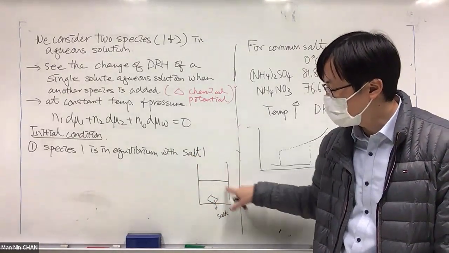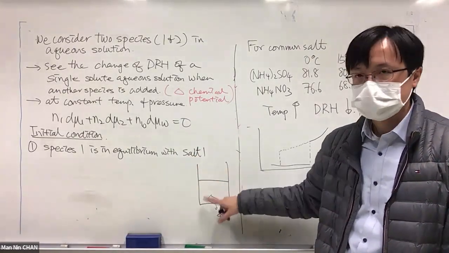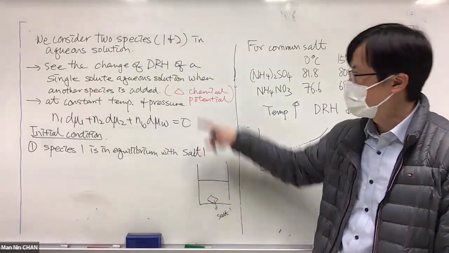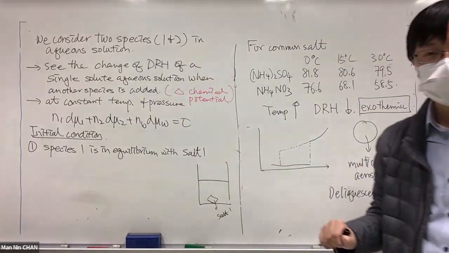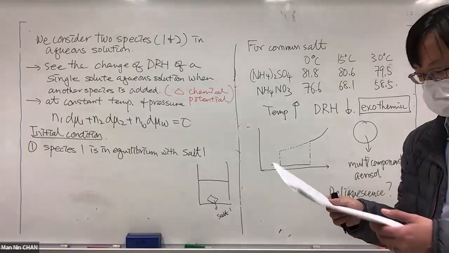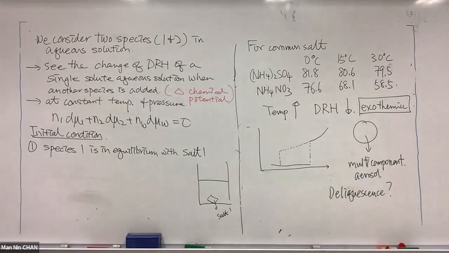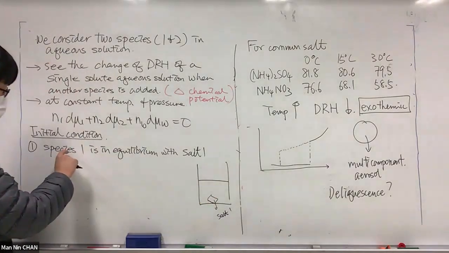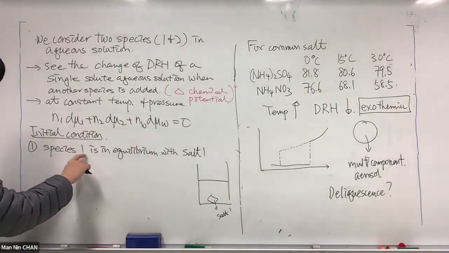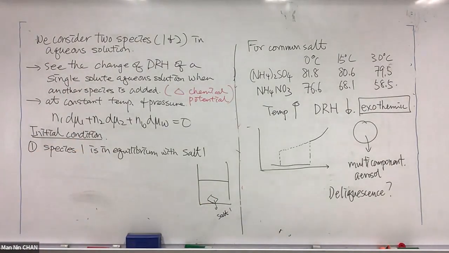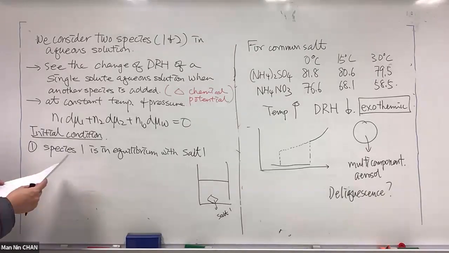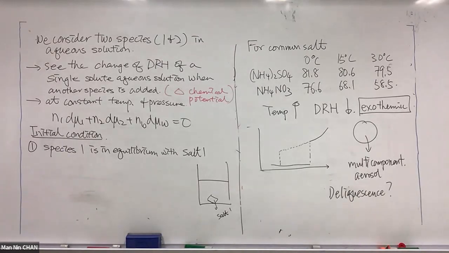So the water activity of this saturated solution will be the deliquescence relative humidity, or the DRH, of your species one. Also, at the beginning we only have this species one in equilibrium with this salt. We don't have any species two yet.